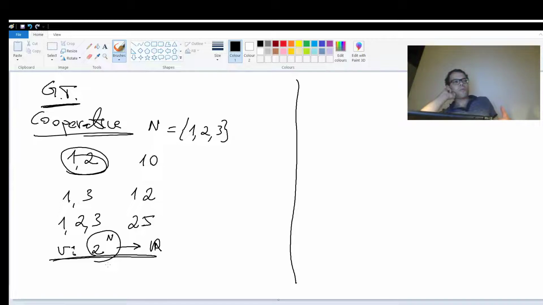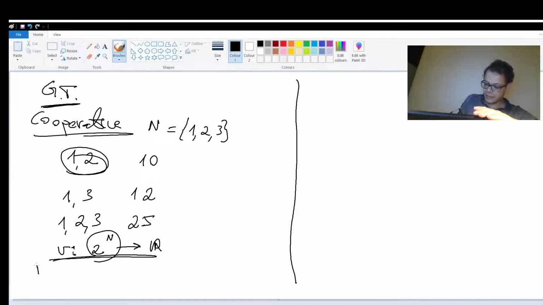So when we want to talk about algorithms, for example, you want to write the same information in a more efficient way. In some cases, it's a good idea to write, for example, using a rule. So we can say if agent 2 is present and agent 3 is absent, then that's what happens to the value. Another rule is if agents 2 and 3 are not together, then something else. So there are several ways to define a cooperative game.